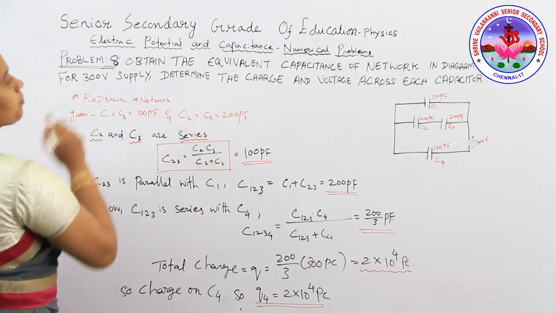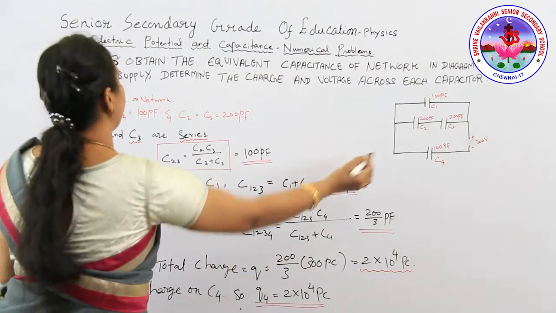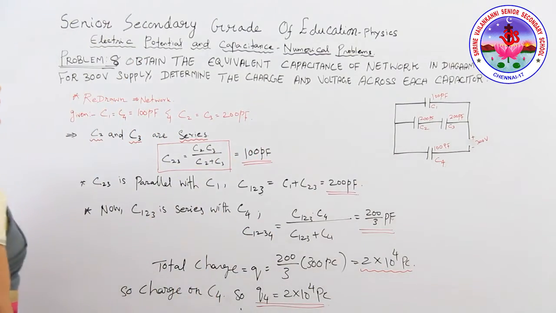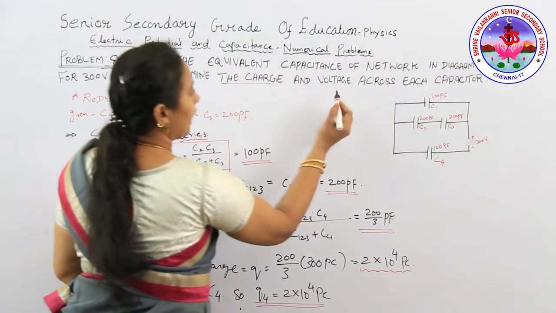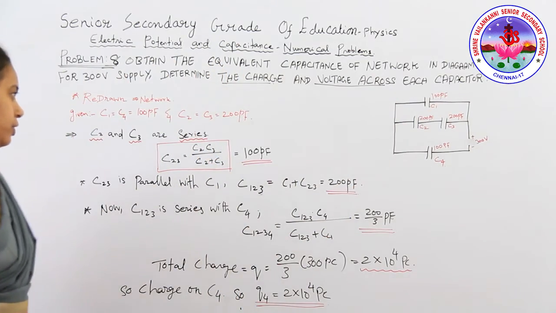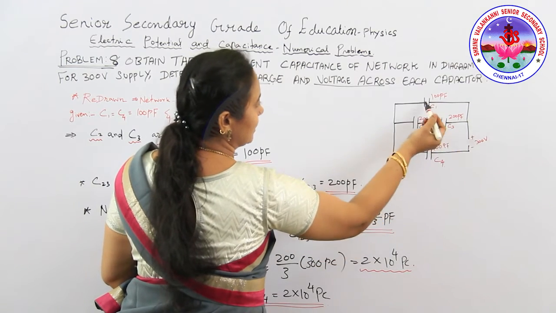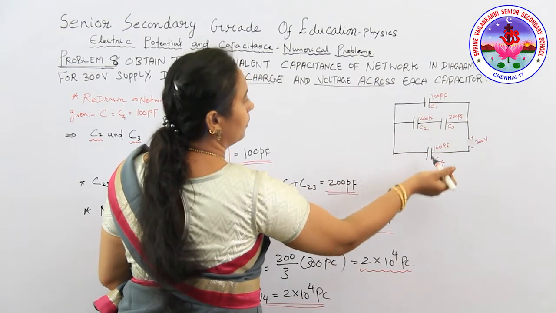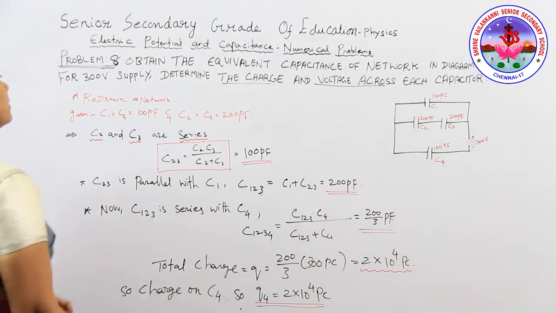Problem 8. Obtain the equivalent capacitance of the network in the diagram. See, for a 300 volt supply, determine the charge and the voltage across each capacitor. The diagram they have given has two capacitors in series and one in parallel, four capacitors in all. We can redraw this diagram.